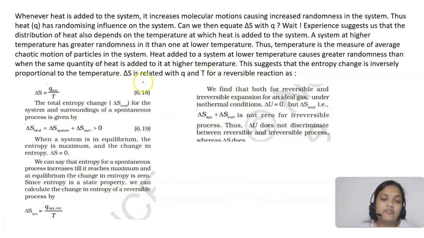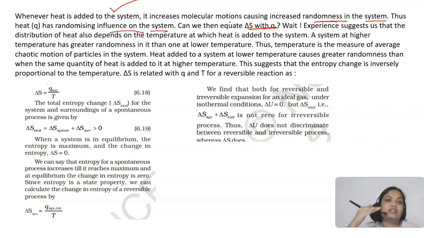Now, how do we quantify this entropy? Whenever heat is added to the system, molecular motion increases, particles start moving more randomly, and there is an increase in randomness. So the heat has a randomizing influence on the system. That means we can relate entropy with heat. Now you know that the distribution of heat also depends on the temperature at which heat is added to the system.